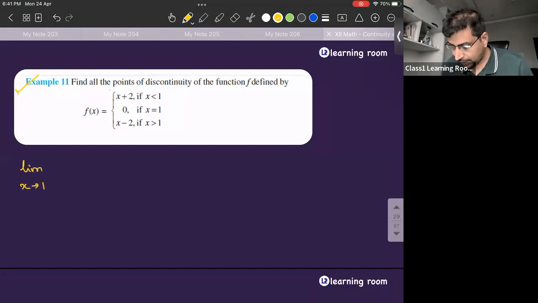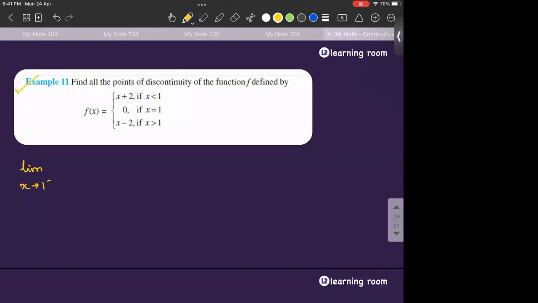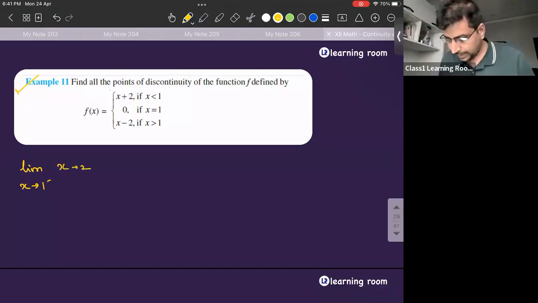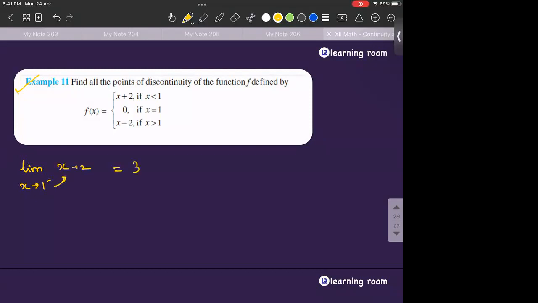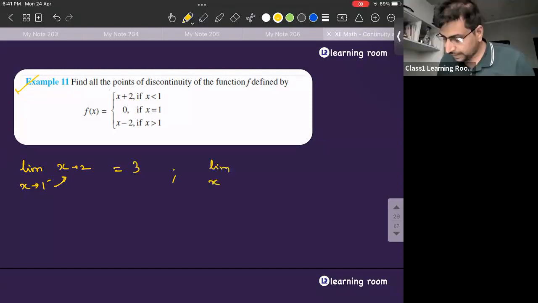So if I take limit x tends to 1 minus, among the 3 functions given to us, which function should I consider? x plus 2. So I substitute this 1 directly. What will the answer be? 3. Very good. Similarly, limit x tends to 1 plus, what function should I consider? x minus 2.